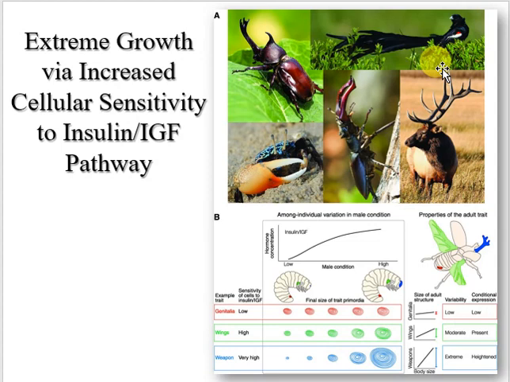So by having enhanced sensitivity to signals, you're able to increase the activation and signaling of that pathway, which can be correlated to the increase or extreme growth of these structures.